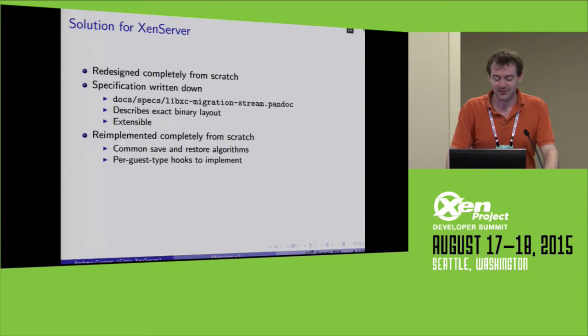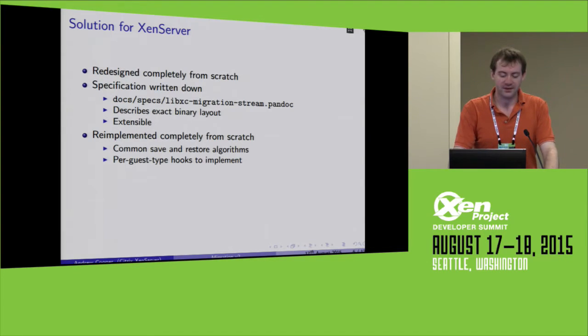So there was a huge amount of code archaeology involved. But what we have now in the V2 implementation is a completely generic save and restore algorithm that has no architecture-specific knowledge whatsoever. So this is the loop over memory and various bits and pieces.